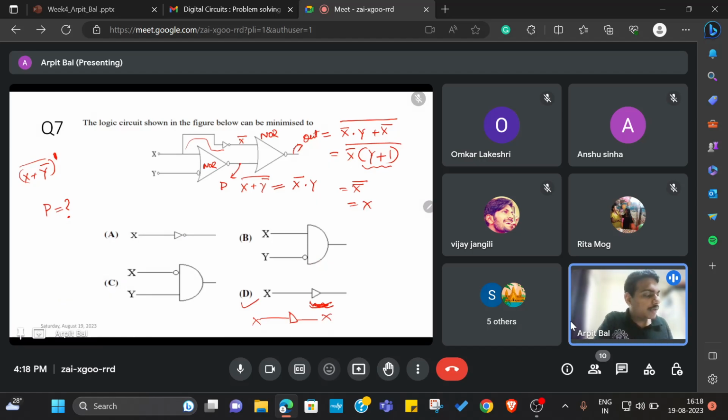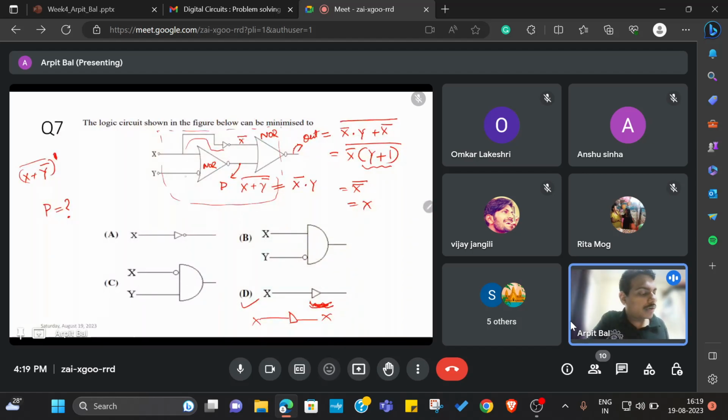The next thing we did is minimize the circuit that was given to us. I'll tell you one practical application of such minimization methods. Let us say you are designing a very huge, complicated system consisting of a number of logic gates, and you observe such a pattern arising. You observe that you don't need these many gates.